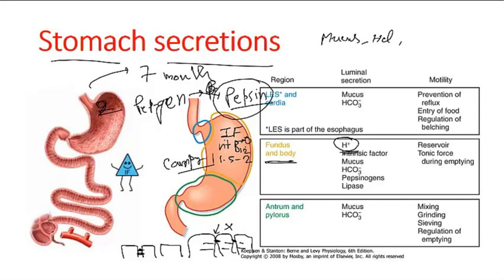That means our RBC production will be compromised, because production and maturation of RBC requires a lot of vitamin B12. It acts as a cofactor in the process of RBC maturation, and that can cause anemia known as pernicious anemia.